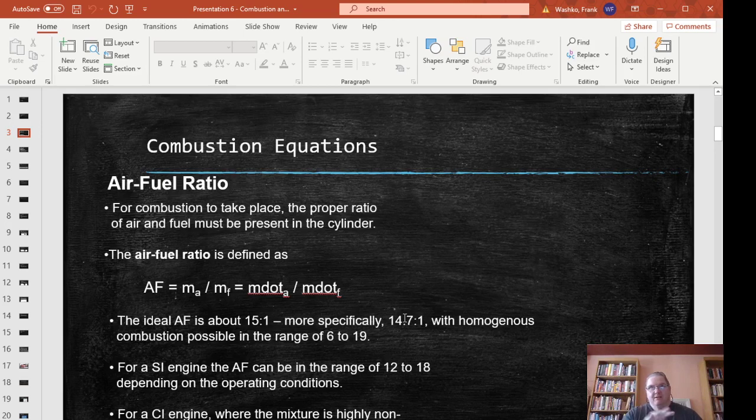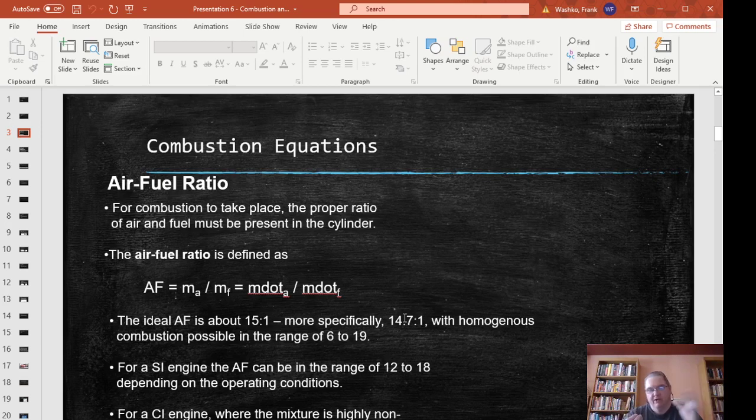Especially when you realize that air temperature is changing. If you drive or run your engine in a hot environment versus a cold environment, that mass may change. So the important thing is it's not a volume basis, because the volume of the liquid won't change that much.